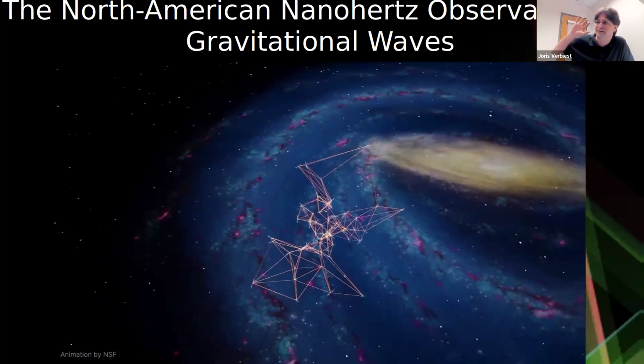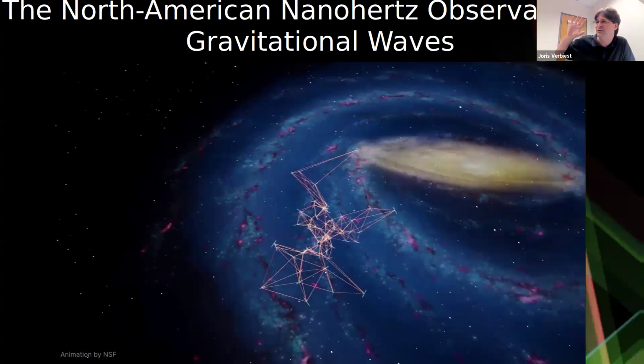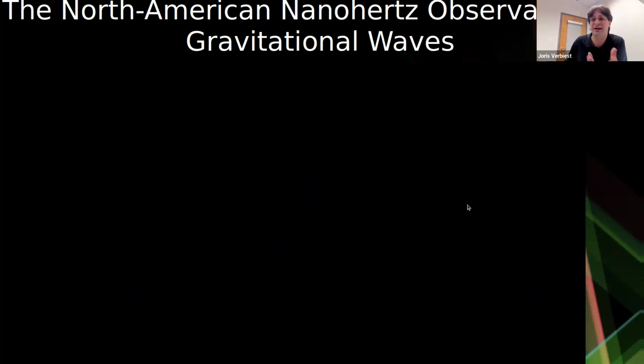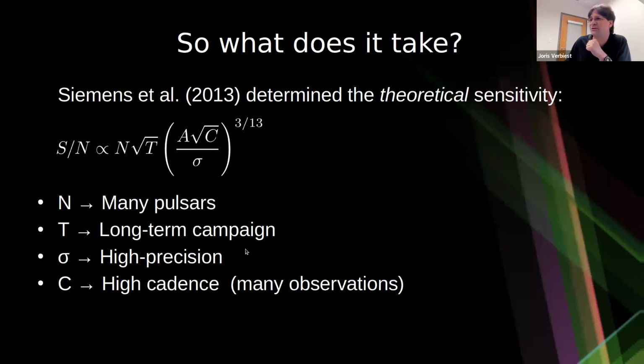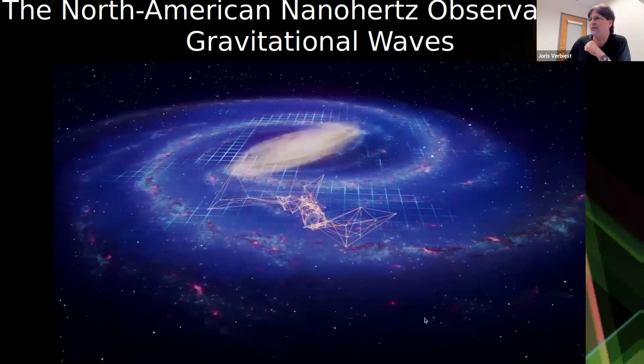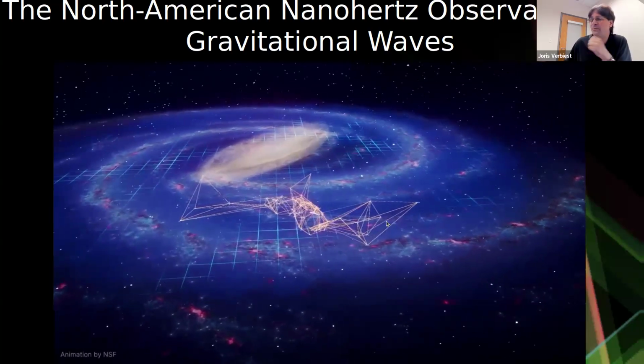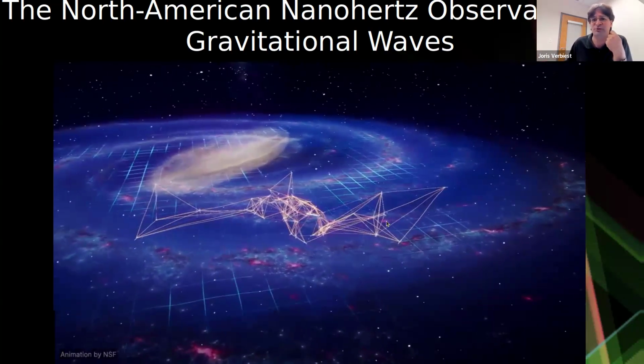Again, this is an artist's impression. The choice of which lines to draw is quite arbitrary, but it gives you an idea of this galaxy-sized detector, because the distances of these objects are accurate. They are really spread out through a fair portion of the galaxy.